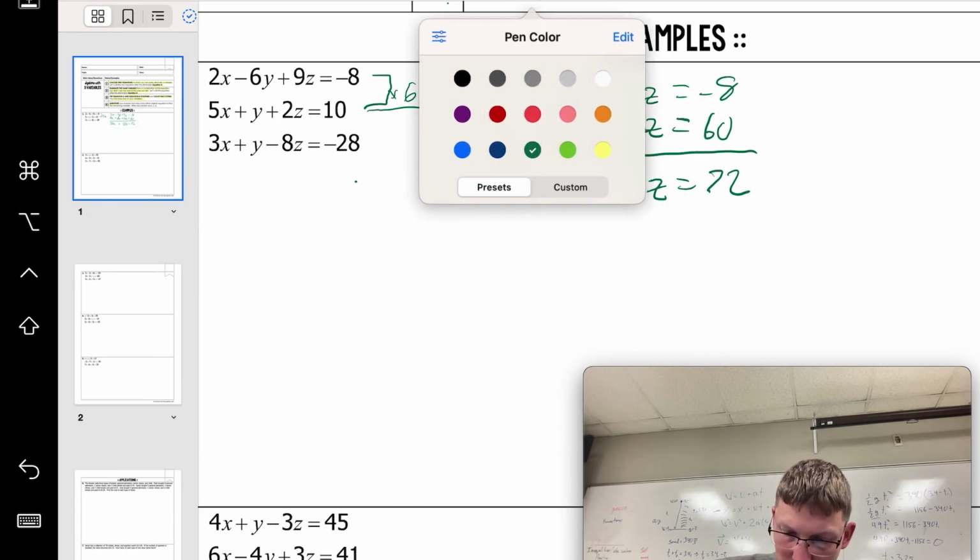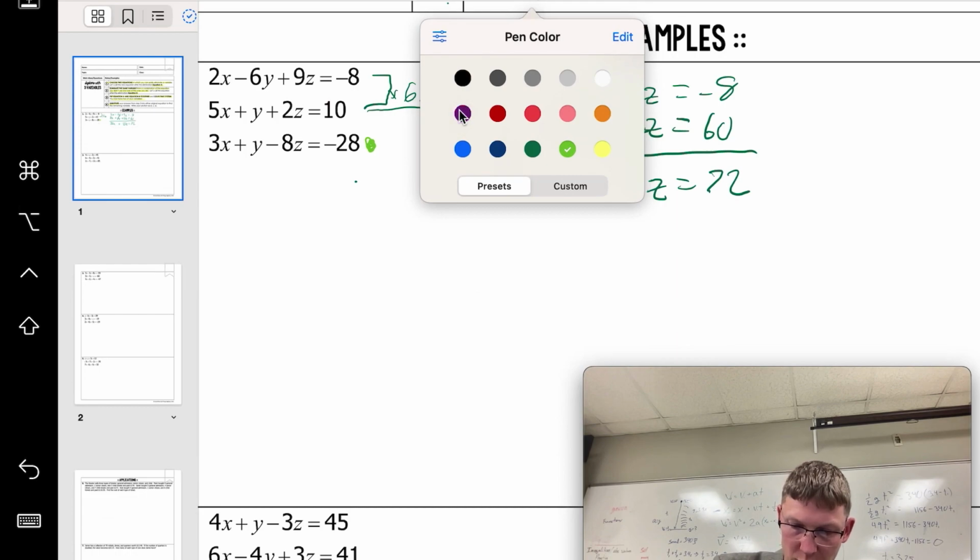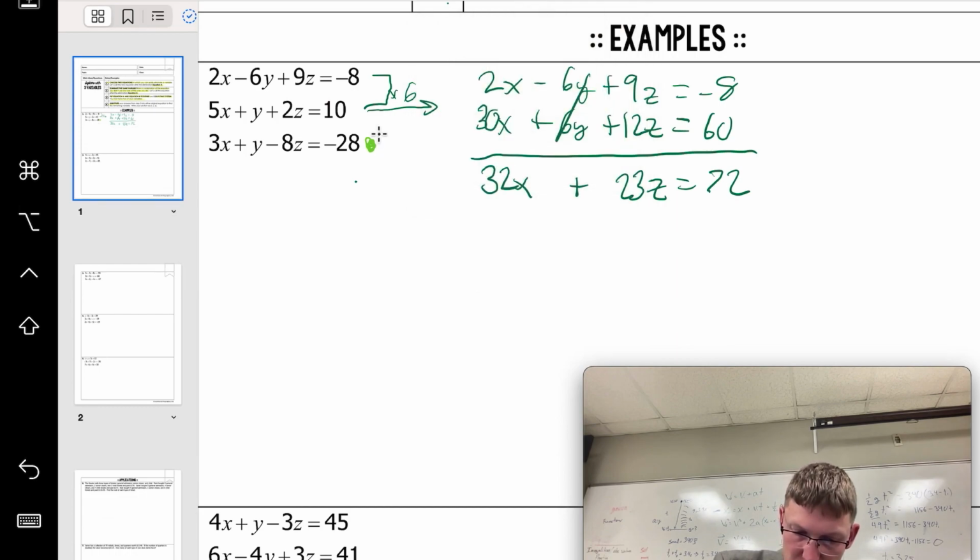So we need a second one as well, but this time we have to use the third equation from over here. So we have to use that one right there. We're going to change colors just for fun. These two equations, if we add those together, we're going to combine them using elimination.